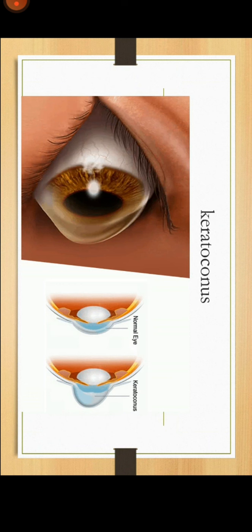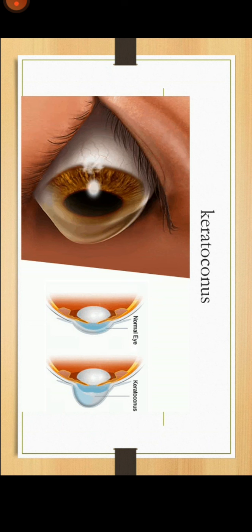This is the condition keratoconus. Normally the cornea is circular in shape, but here it becomes cone shaped, that is, it's bulged anteriorly. When we are applying Pindi or pressure bandage, it will give some support to the cornea.